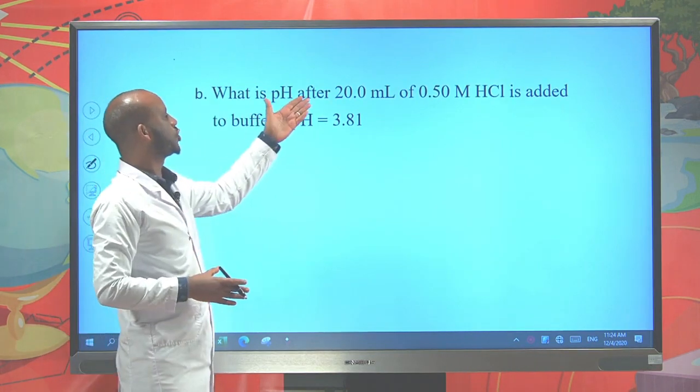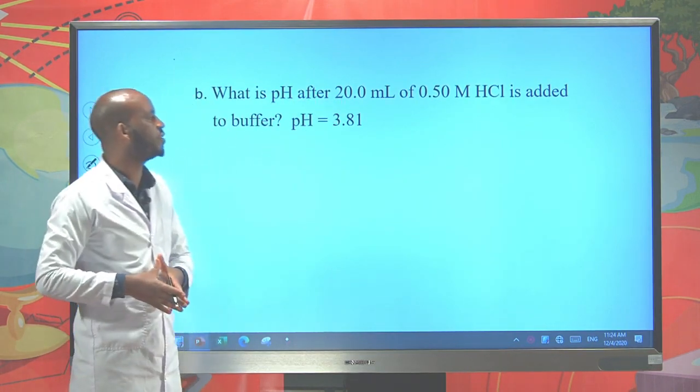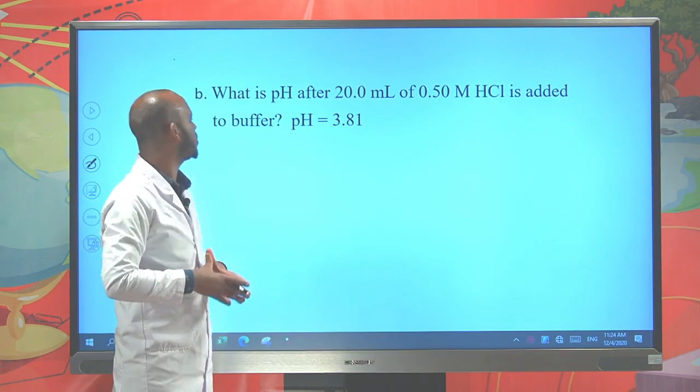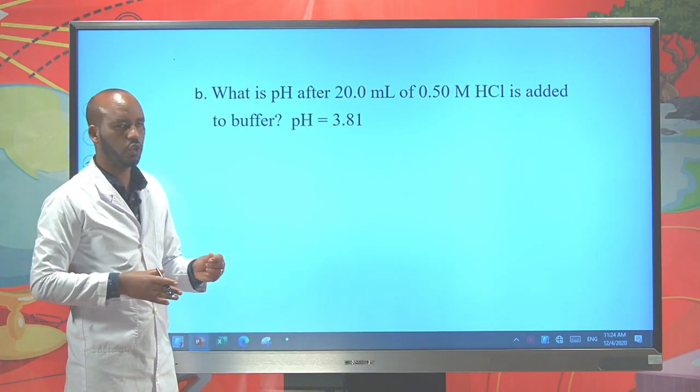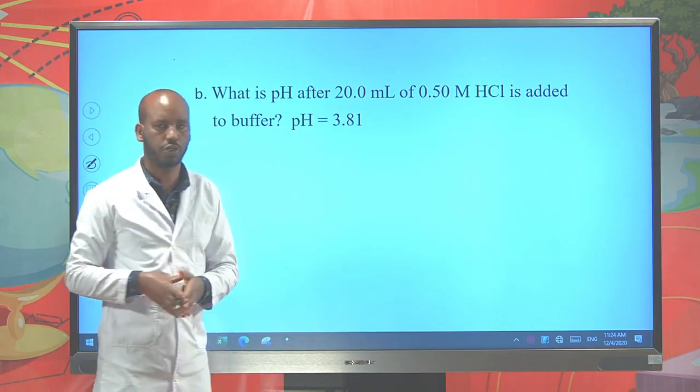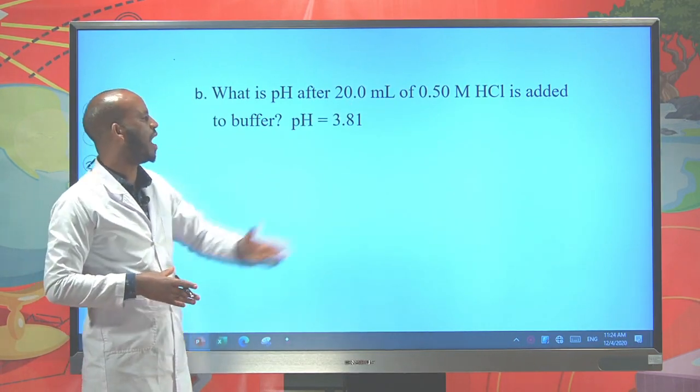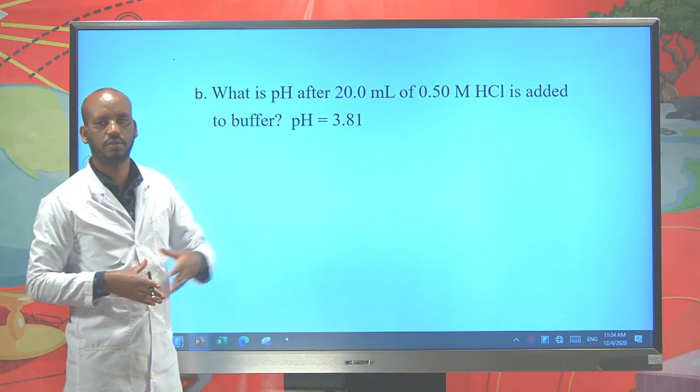What is the pH after 20 milliliters of 0.5 molar HCl is added to the buffer? What is the pH of this buffer solution if an acid is added to it?